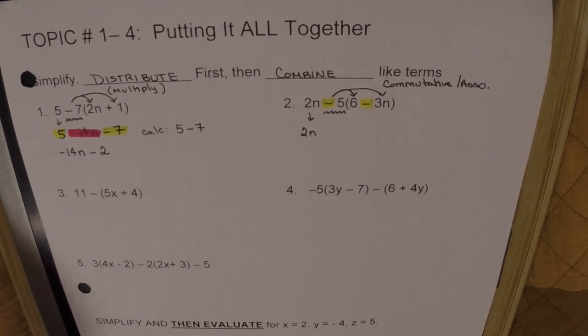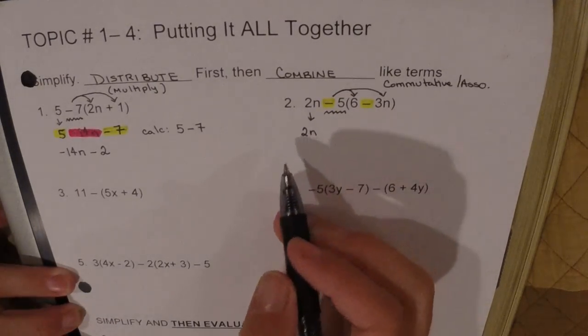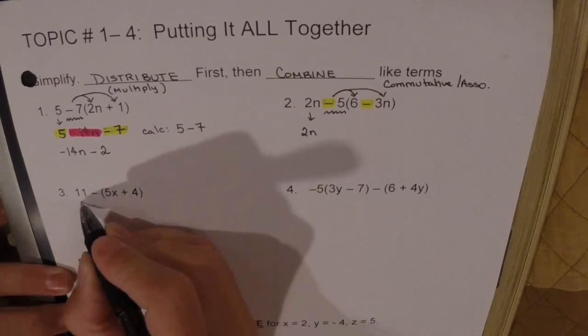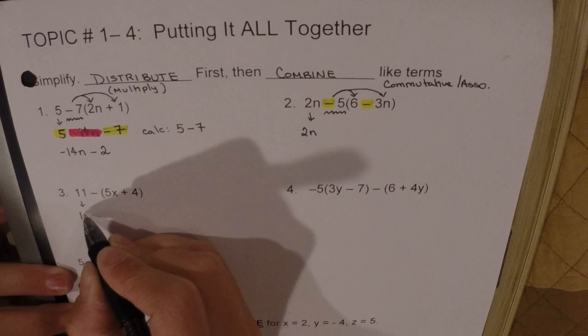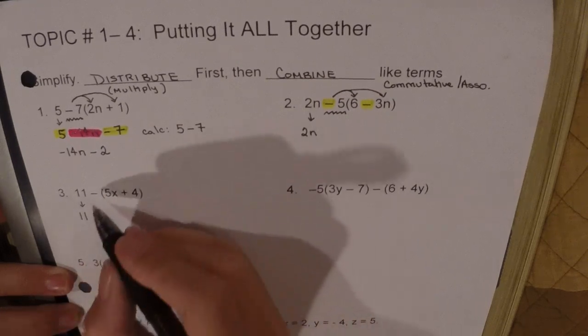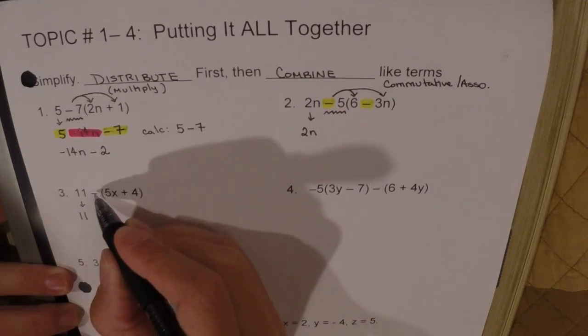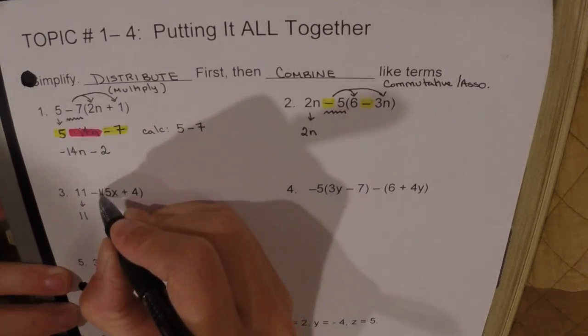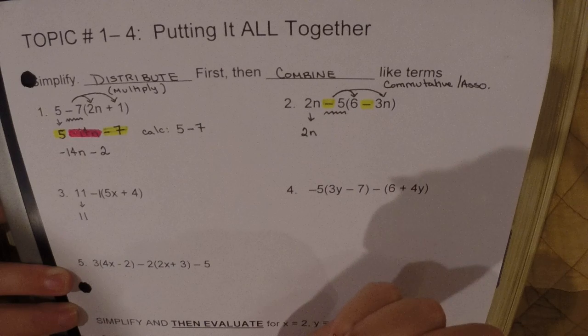And then I'm going to go ahead and jump down to number 3. Number 3 is something we've talked about before. It's still the same idea. This is not directly in front of the parentheses, so I just bring it down. So here's the 11. But then I have this negative sign that is right in front of the parentheses, and we talked about how there's an imaginary 1 that sits right here in front of that.